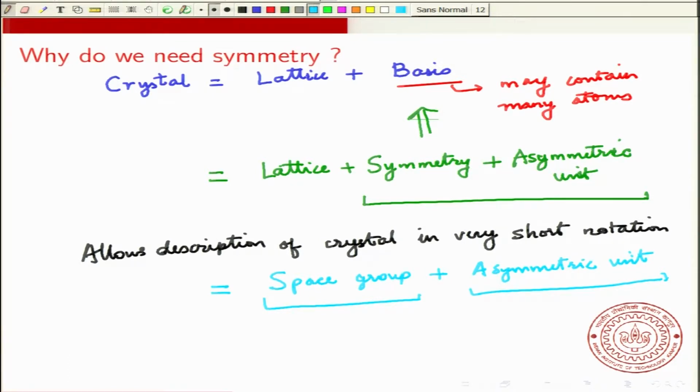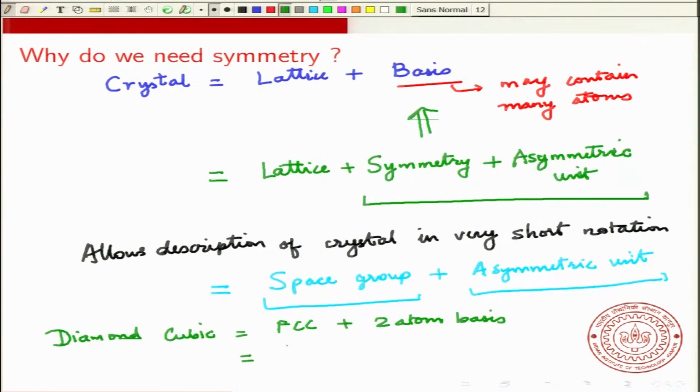For example, we saw the diamond cubic as FCC plus 2 atom basis. And what we will see is that this is a space group.